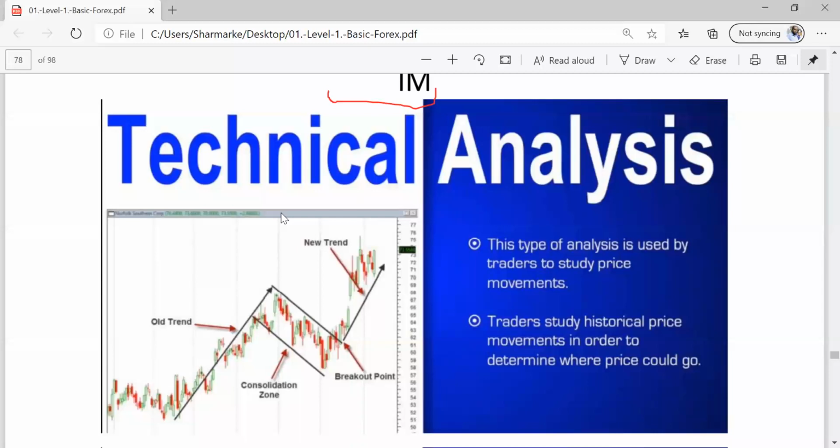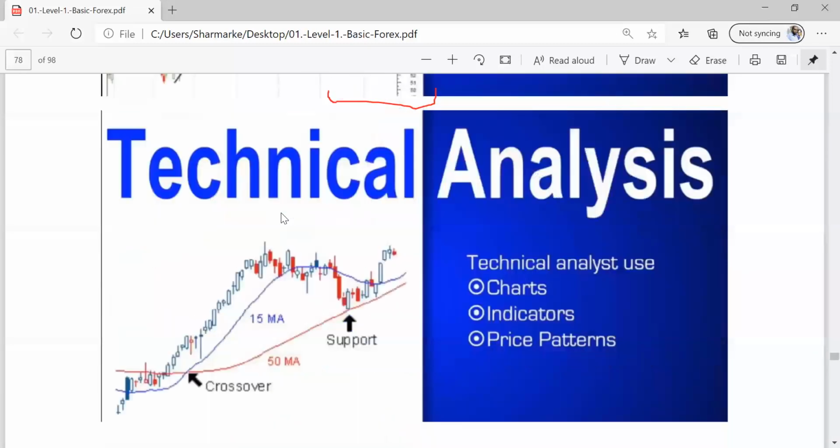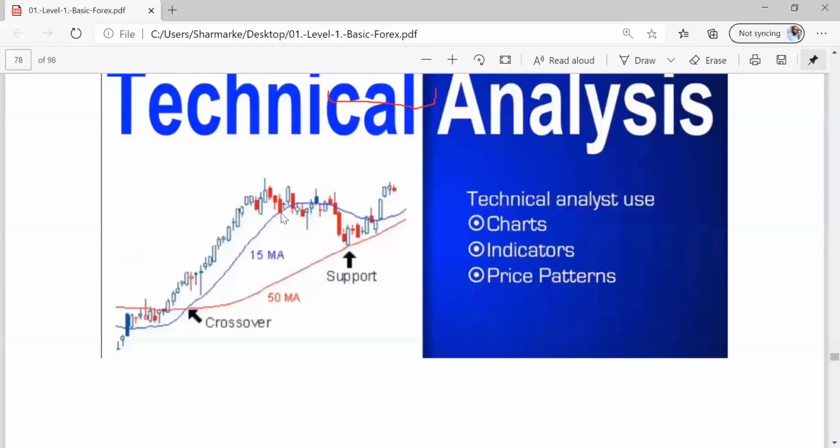That's technical analysis. It's the charts, the indicators, and the price patterns. You'll see the crossover of the moving averages. You will see that there is a support here because of this EMA.